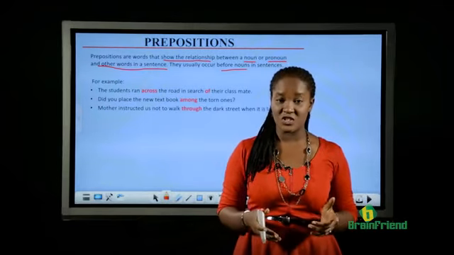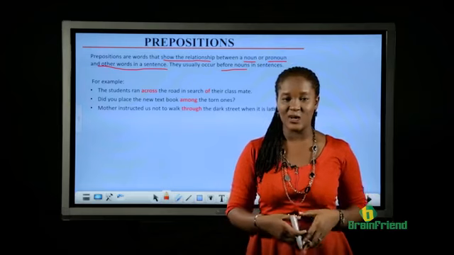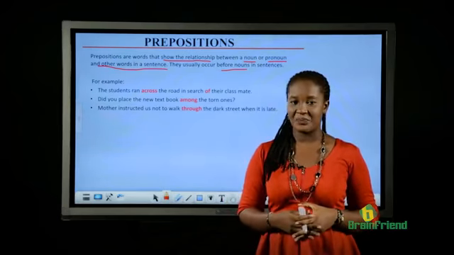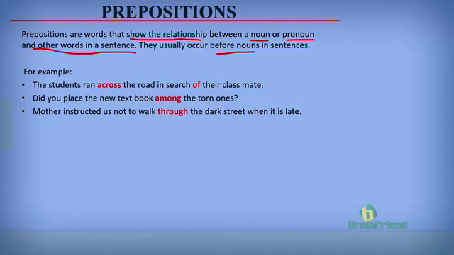And usually prepositions occur before nouns in sentences. For example, the students ran across the road in search of their classmates. The words across and of are the prepositions in this sentence, and they occur before nouns, just as we said. Across occurs before the road, while of occurs before their classmates, which is a noun.